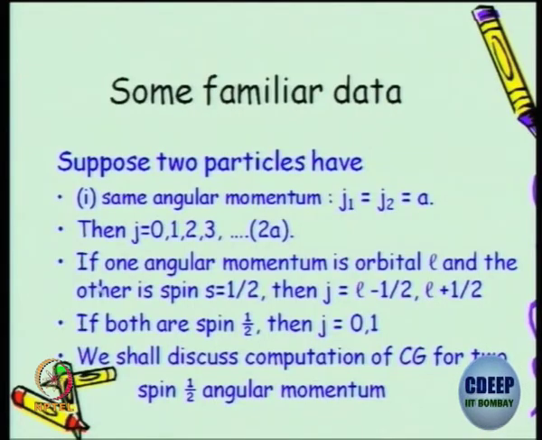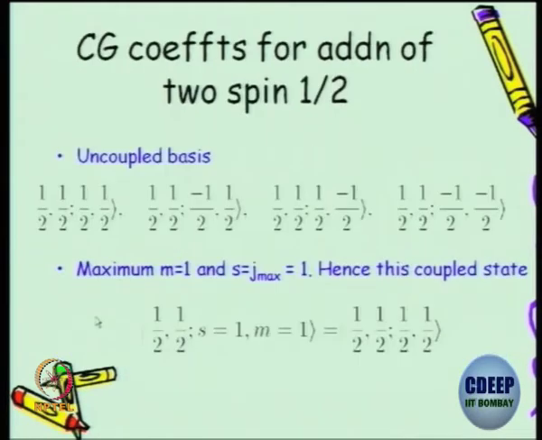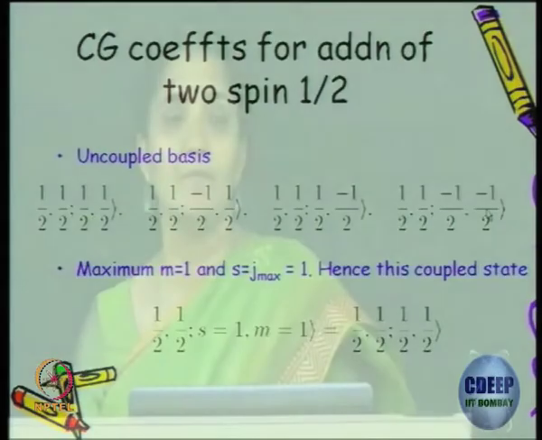The tensor product of two spin halves will give you a 4-dimensional vector space, and we can write all the basis states. What are the possibilities? M1 is half, M2 is half; M1 is minus half, M2 is half; M1 is plus half, M2 is minus half. What is the last one? Both being minus half. This is also important when you do quantum computers.